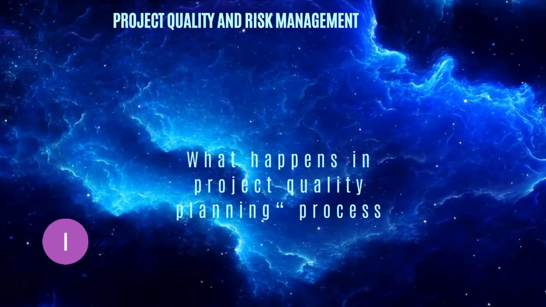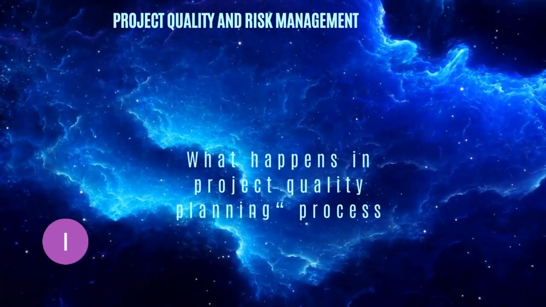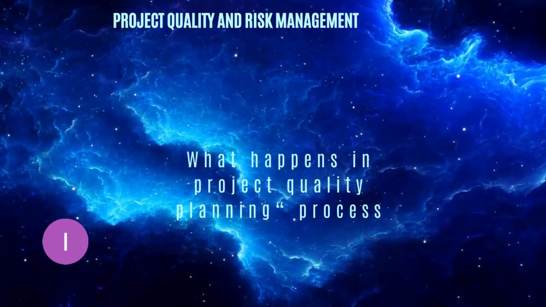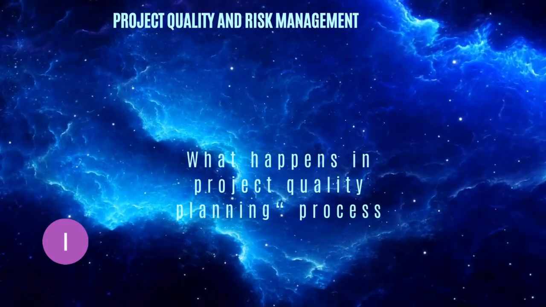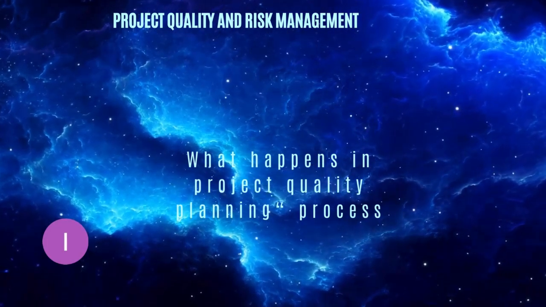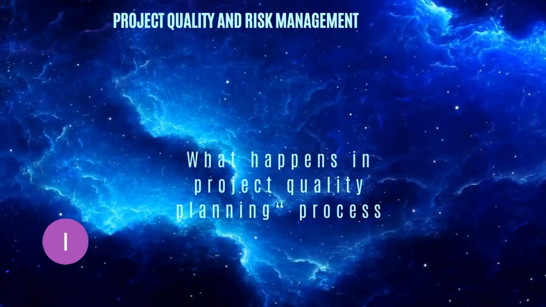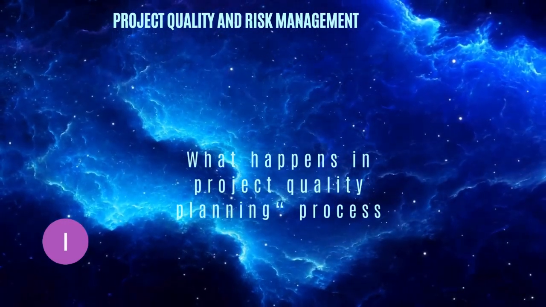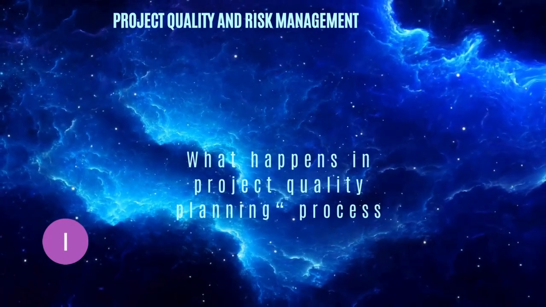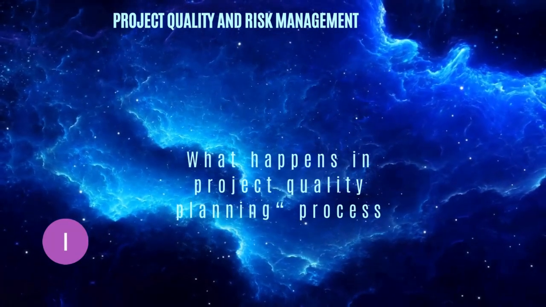We'll be talking about what happens when we are planning for quality management. So if we are in the process, what do we do? And again, we'll be talking about the types of costs related to quality planning, quality control, and quality assurance.